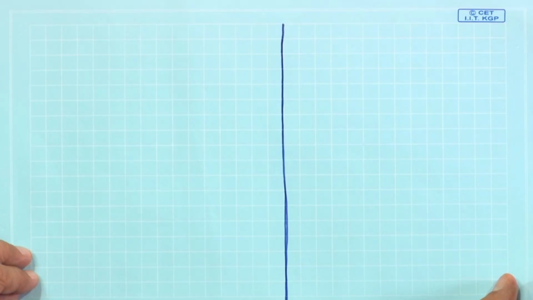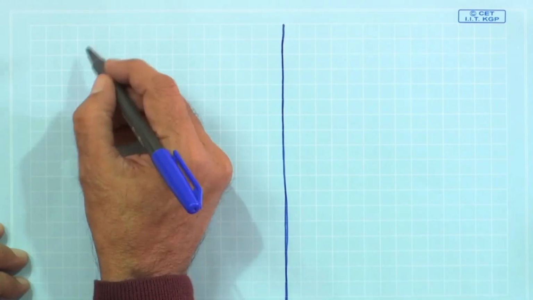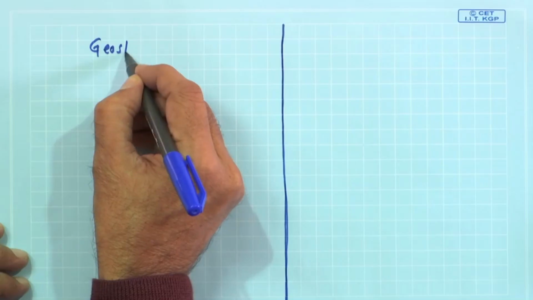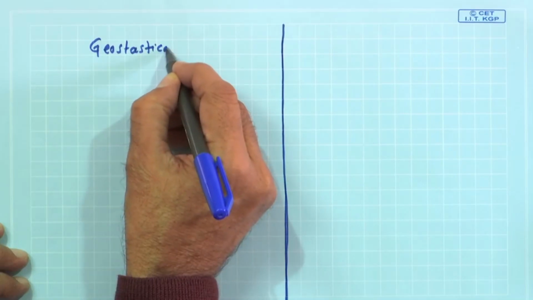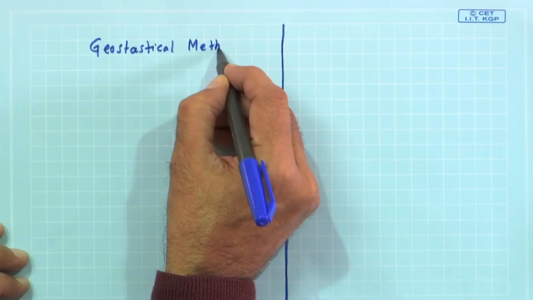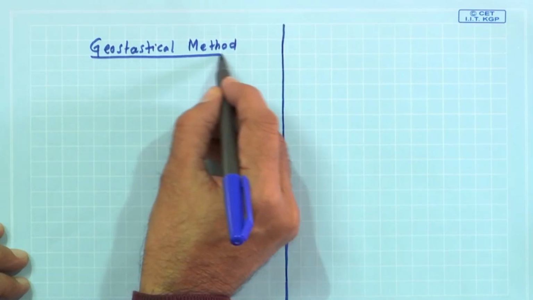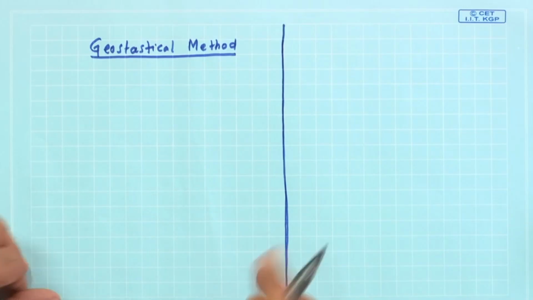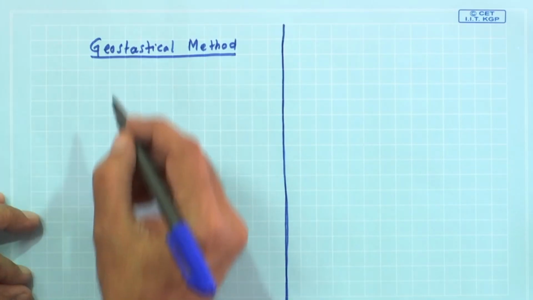For the next few lectures, we shall be getting ourselves introduced to the geostatistical ore reserve estimation method, or the geostatistical method, which is employed in mineral inventory estimation.